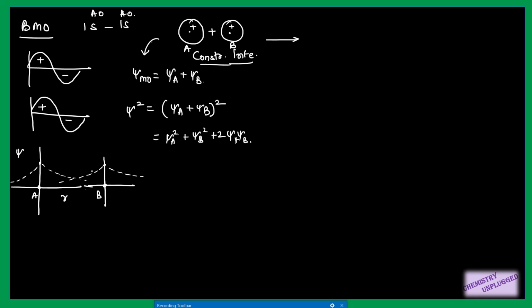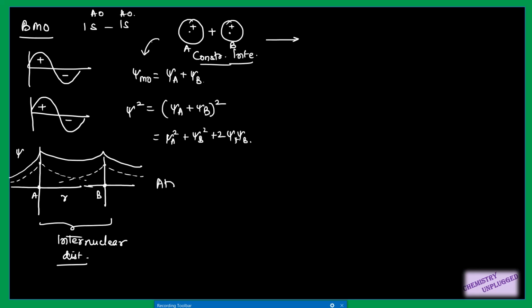When they are mixing together constructively, their wave functions are the same, and we take the square of it, so it will be like this, right? So there is a net increase in the electron density between these two nuclei, or you can say between this internuclear distance, the electron density increases. This means this nucleus can feel more attraction force than in the case of atomic orbitals, and this one will also feel more attraction force.